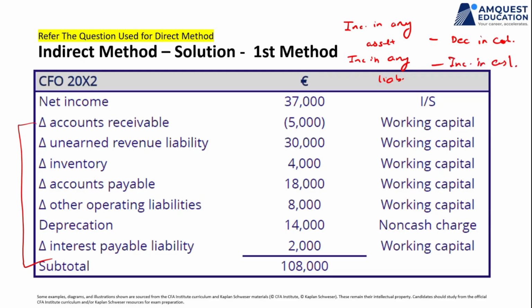You just have to remember these two. If asset is increasing, cash is going down. If liability is increasing, cash is going up. Depends, is the inventory increasing or decreasing? Accordingly, minus or plus, right? So when we say this delta, I think the better way to write delta is increase. Is the number increasing or decreasing is what we should always look at.